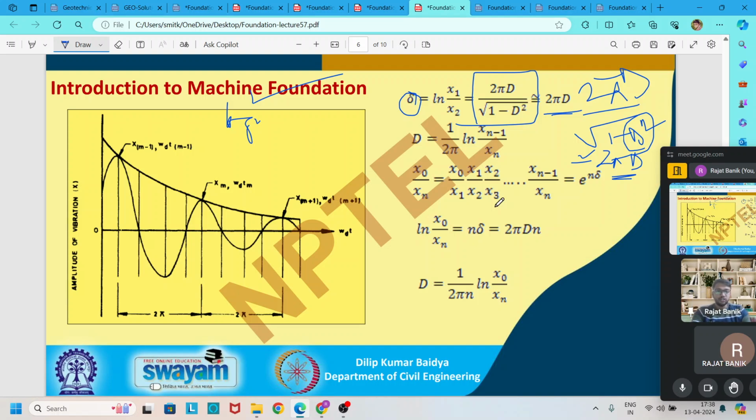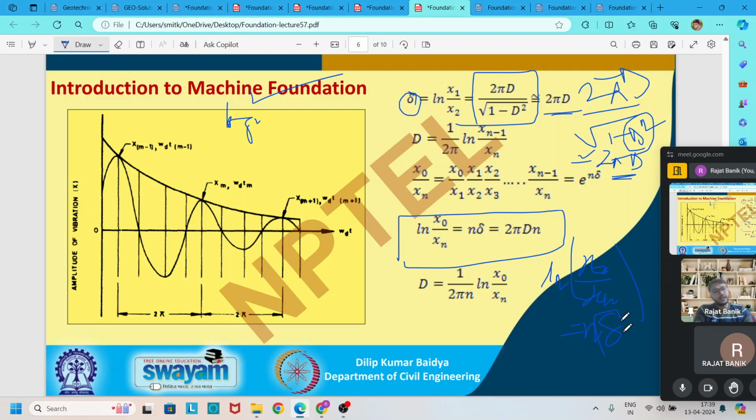But this is for one successive amplitude ratio. If you need to find this for n successive ratios, you have to modify it. For this, we use this equation: the log of the ratio of amplitudes n cycles apart, ln x naught by xn, is equal to n times the logarithmic decrement.